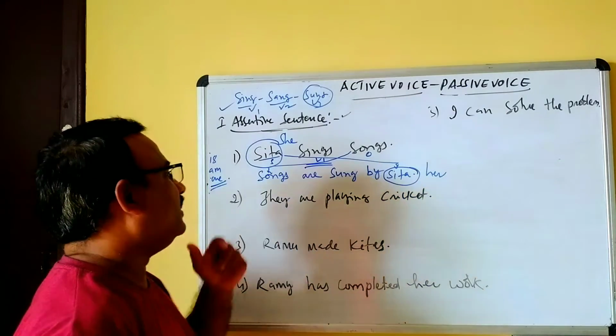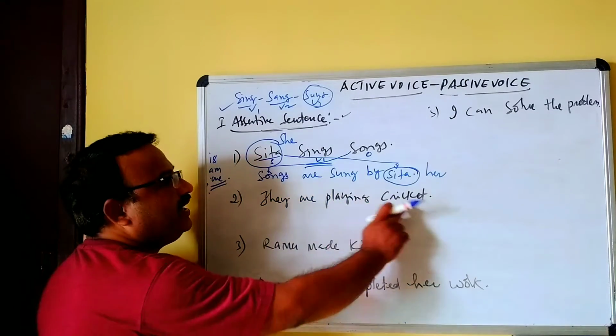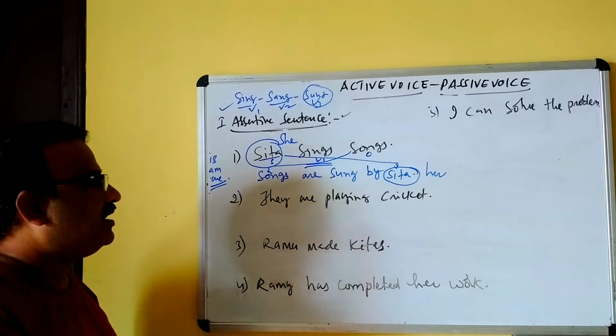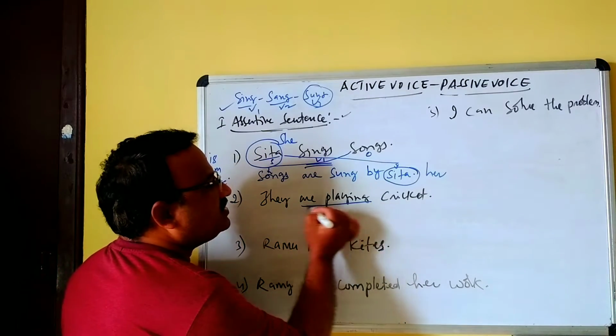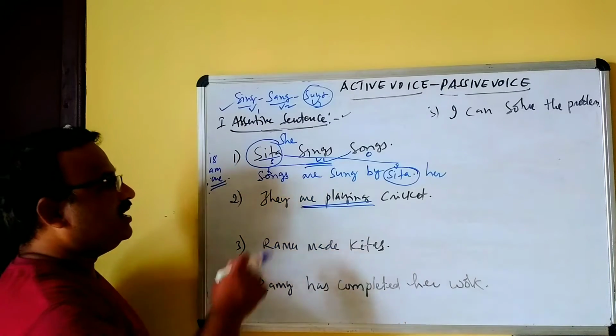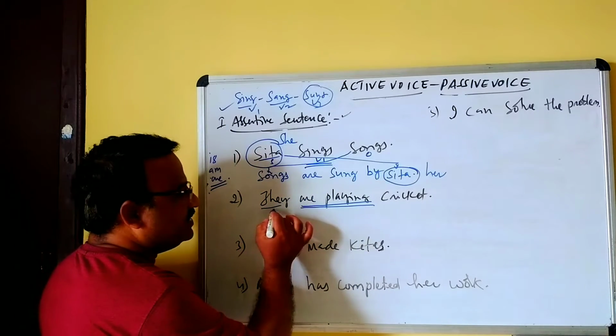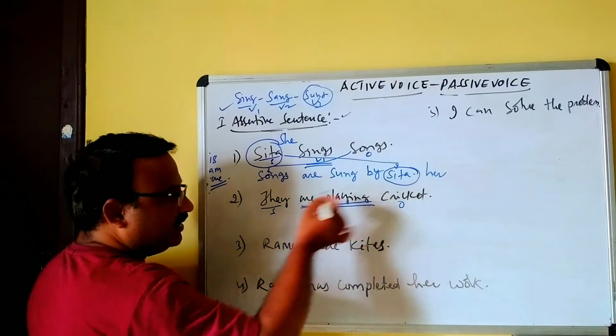And second one, they are playing cricket. The sentence is in present continuous tense. Here, subject, verb, object, cricket.